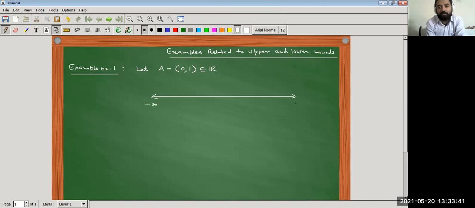This is the set of real numbers R. This is our non-empty set A. These are all the elements of A. It means all the x of A lie here.